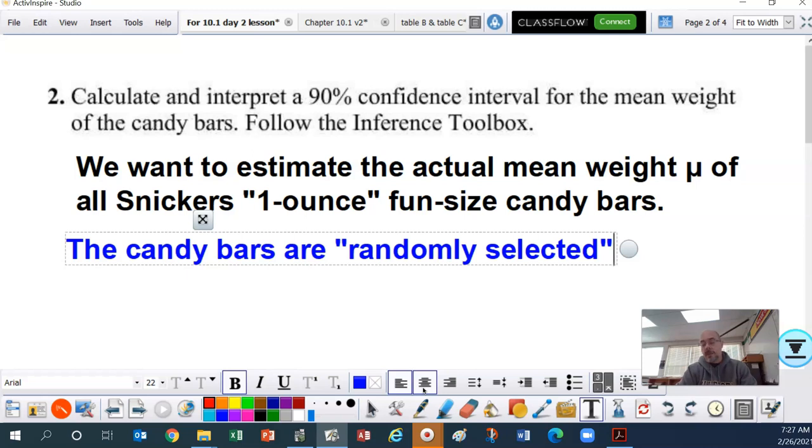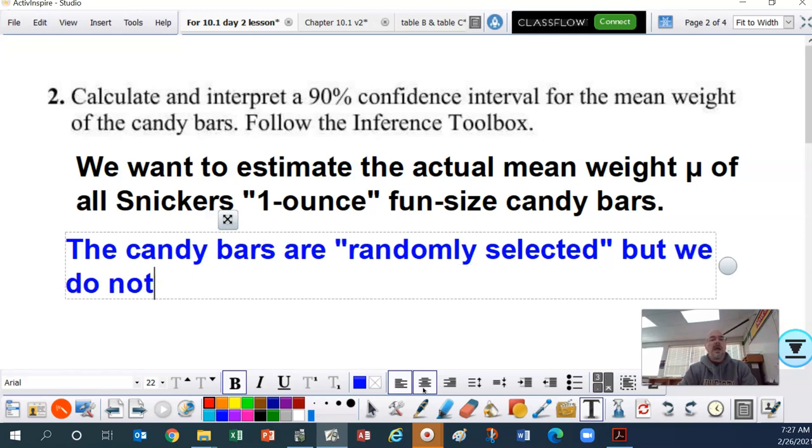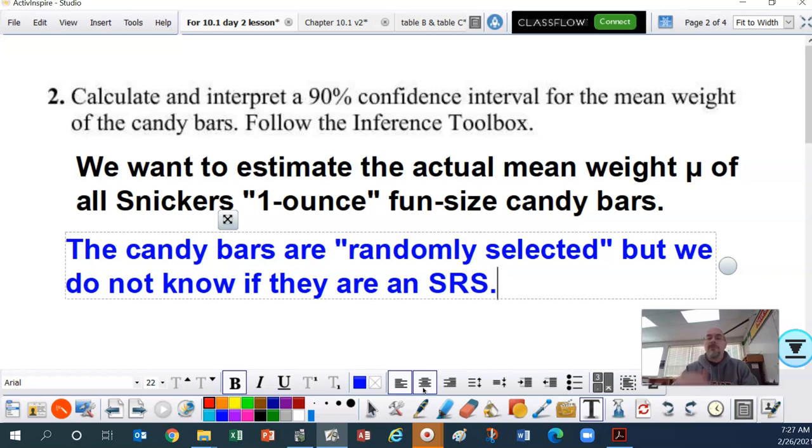They're randomly selected, but we do not know if they are an SRS, a simple random sample. But that's okay.